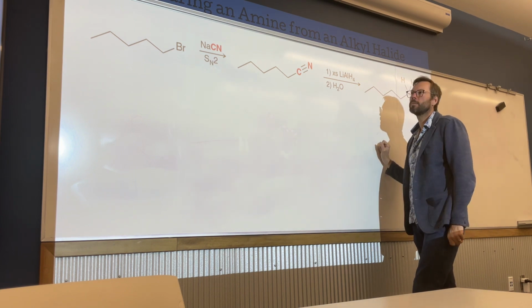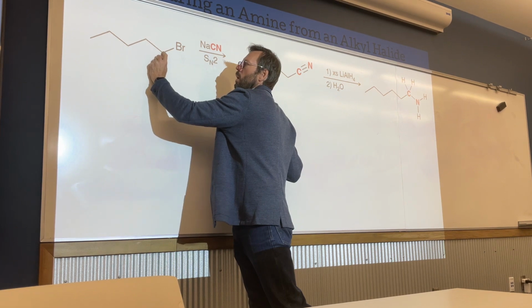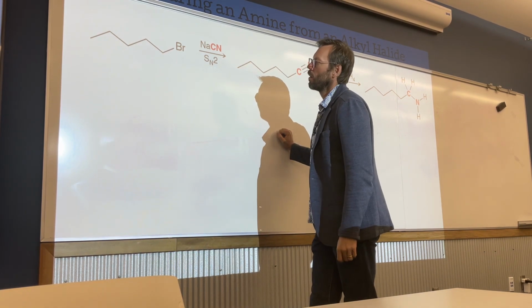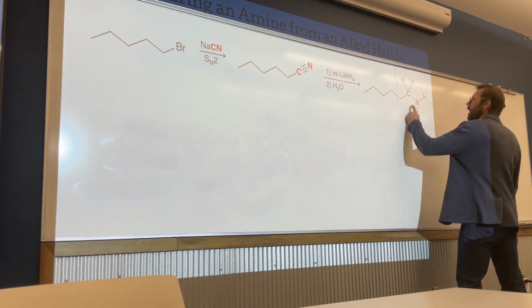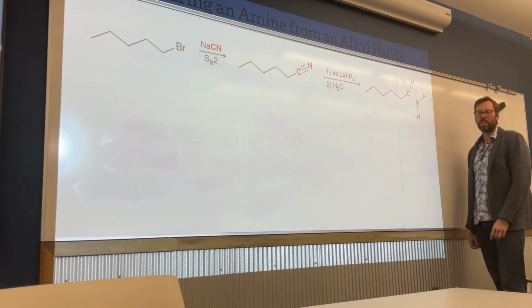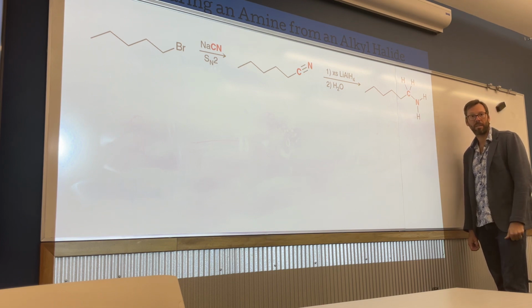Okay. So if we had something here, this would be 1, 2, 3, 4, 5, bromopentane. Right? Now we have 1, 2, 3, 4, 5, 6. We turn that into hexanamine, right?